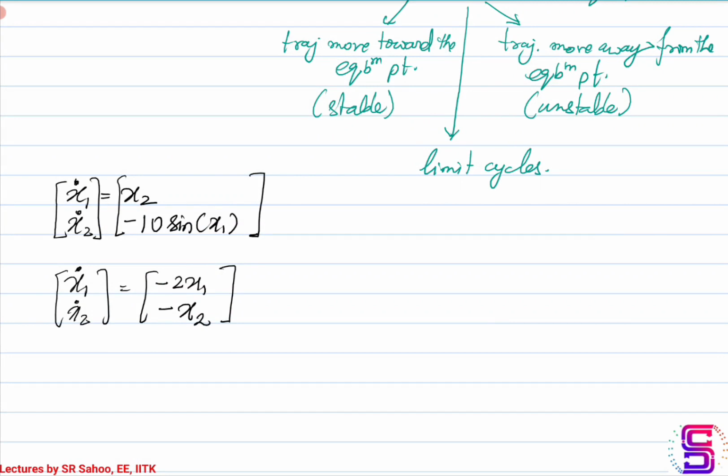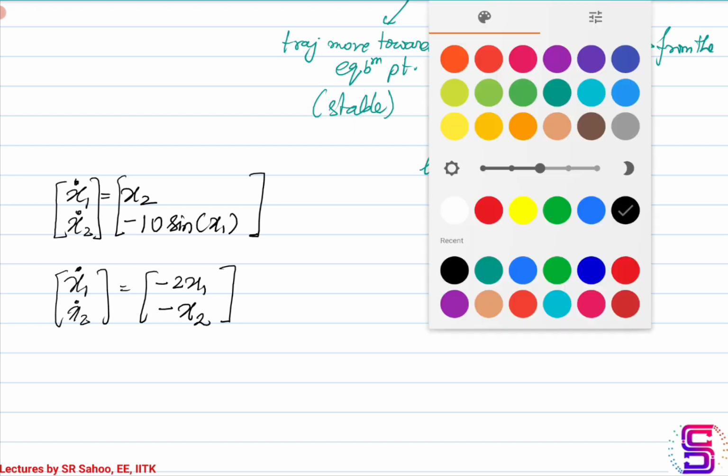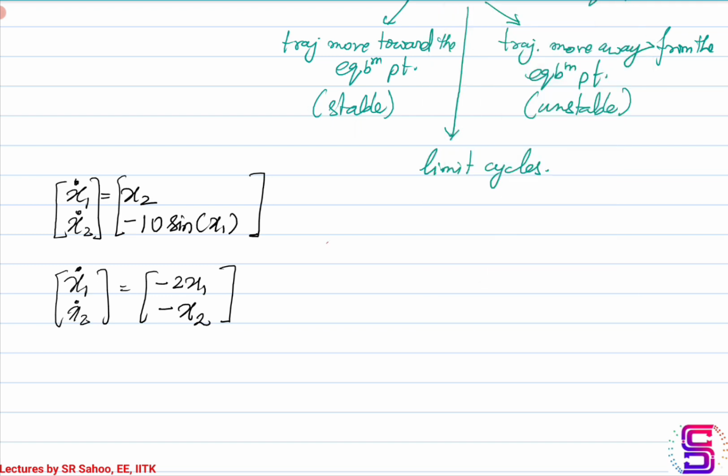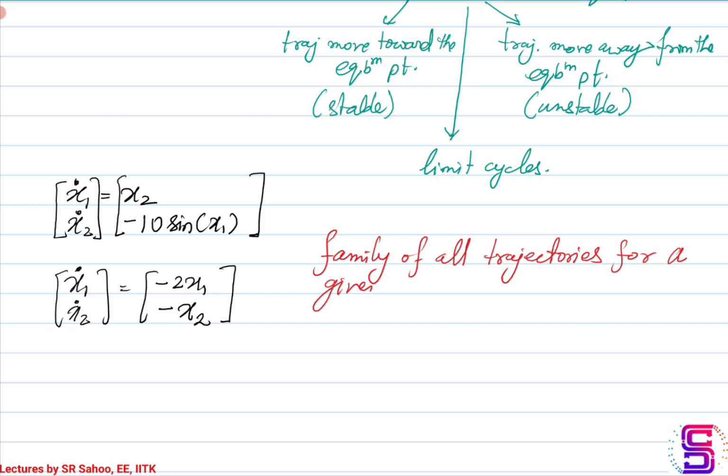And the family of all possible trajectories that you can think of for a given system, the n-dimensional real system that we are talking of.